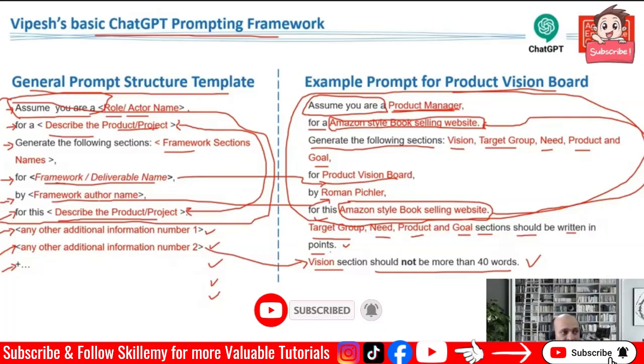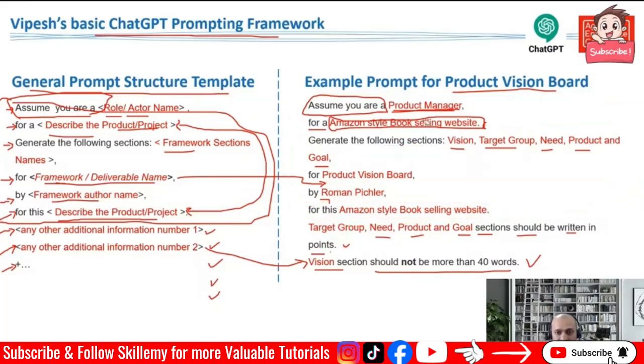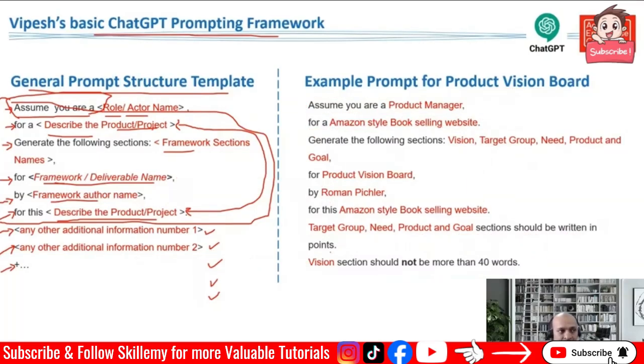So let's quickly read through how the full example looks. What we are saying to ChatGPT is: assume that you are a product manager for an Amazon-style book selling website.